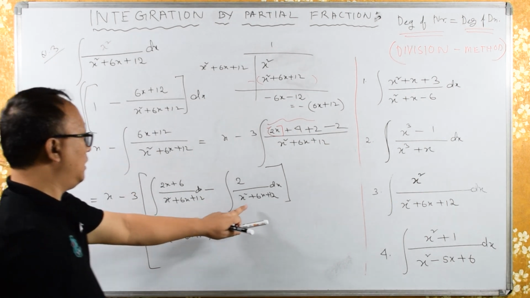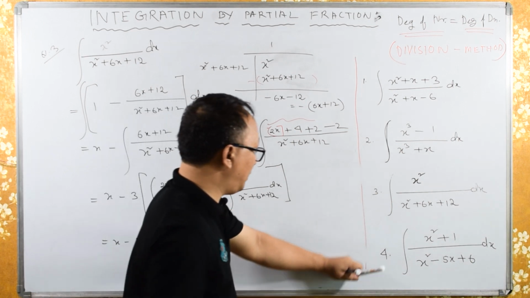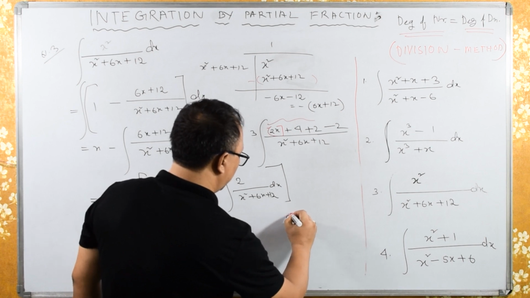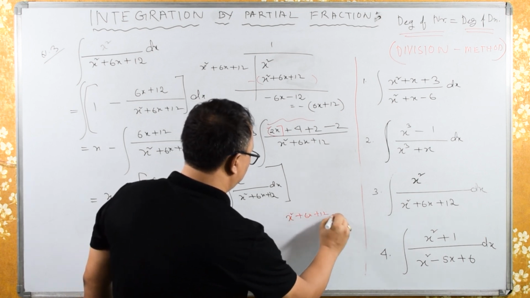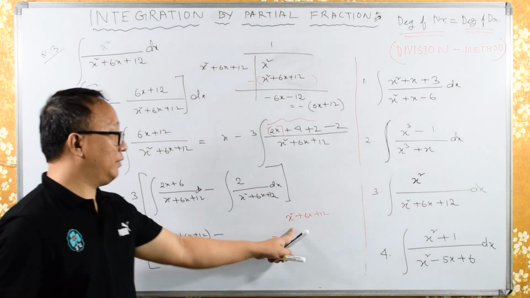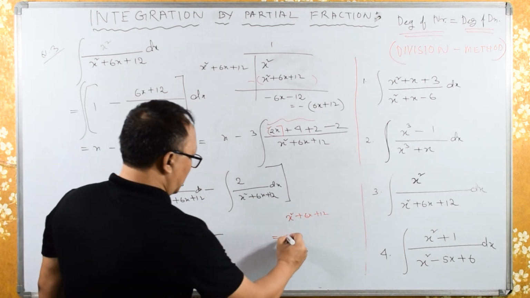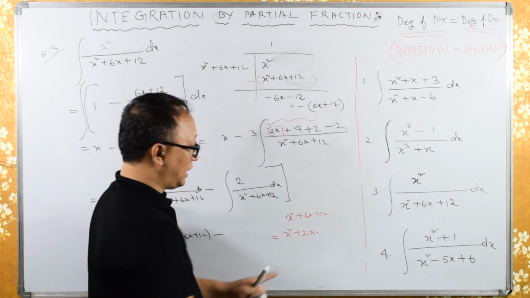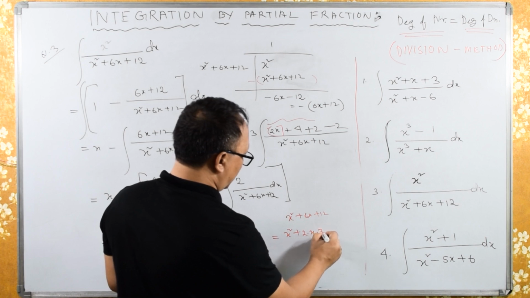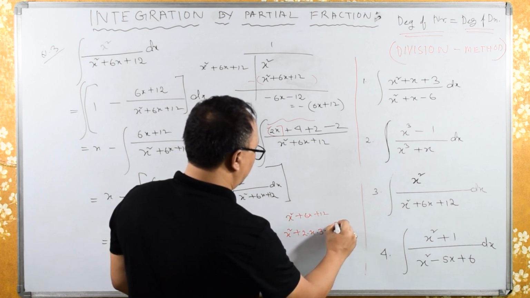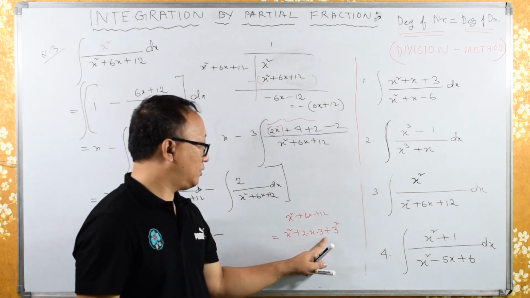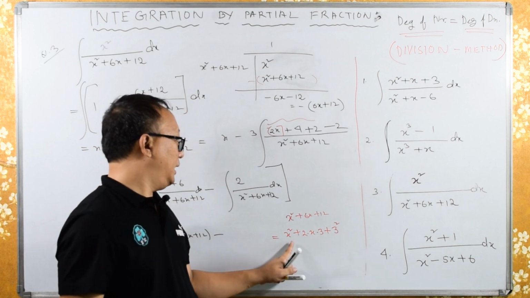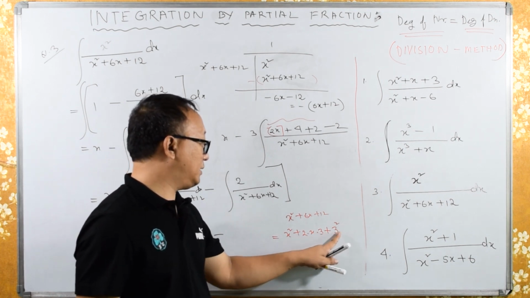Minus. Look at here. Let's make a perfect square. We have x square plus 6x plus 12. Let's make it of the form a plus b the whole square. Here x square is a square, twice x, and in order to get 6, b is 3. We need twice ab, and since I already assigned 3, I need 3 square, because a plus b whole square is a square plus twice ab plus b square.